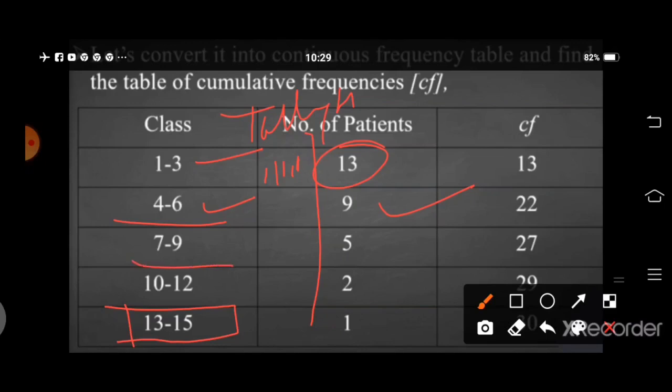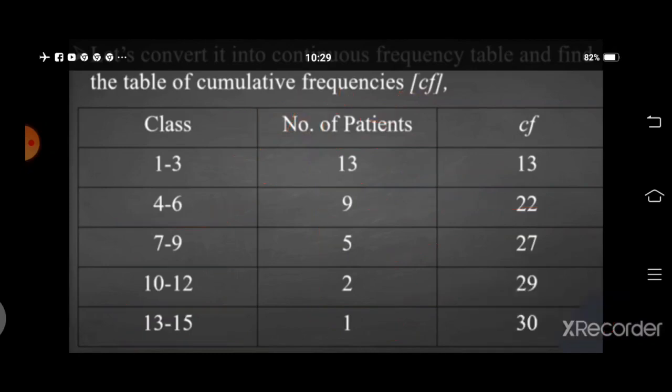Between 7 to 9, 5 observations are there, 10 to 12, 2 observations are there, 13 to 15, 1 observation is there. Write down the frequency distribution, then find out the cumulative frequency distribution. 13 plus 9, 22 plus 5, 27 plus 2, 29 plus 1 equals 30. N equals 30 here.